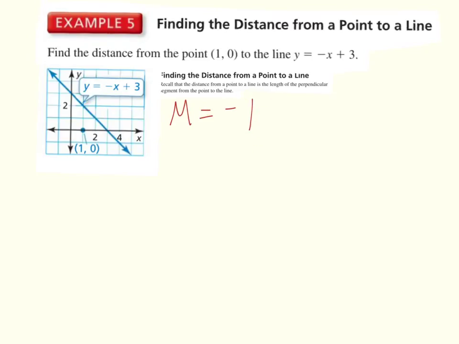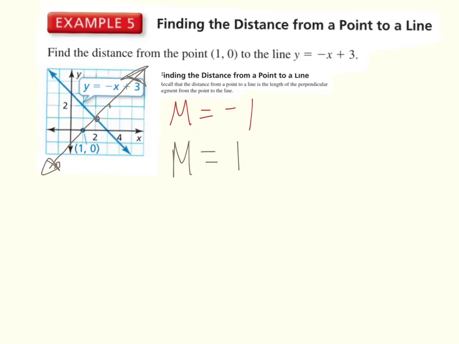So what would be the perpendicular slope? The opposite reciprocal would be 1. If I went up 1 over 1, it would be that point right here. Up 1 over 1, up 1 over 1. So basically, it's this line right here.